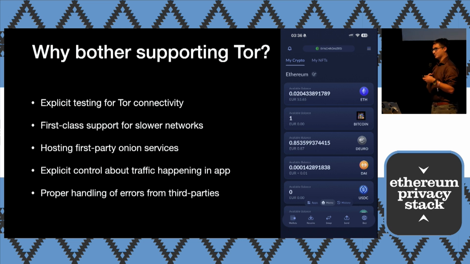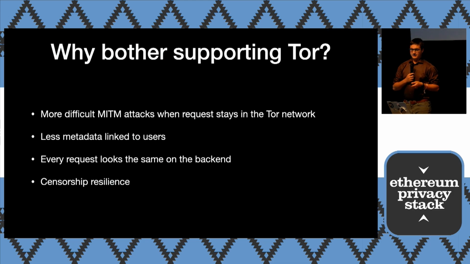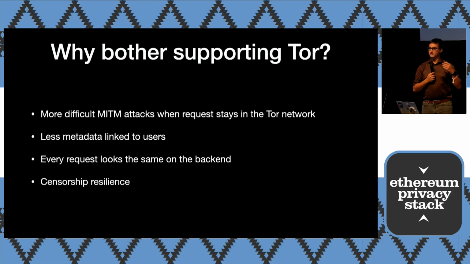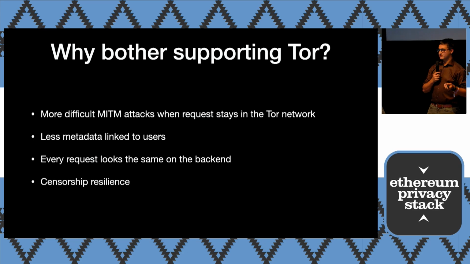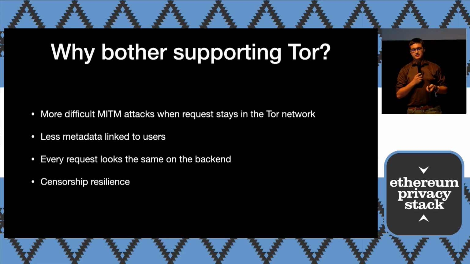You get to test that, because with Tor, many things that send requests outside will break just by the nature of the network. We can also make man-in-the-middle attacks more difficult, especially if the traffic stays inside of the Onion network. There's less metadata linked to the users because we don't see any IP addresses, and every request looks exactly the same on our backend.